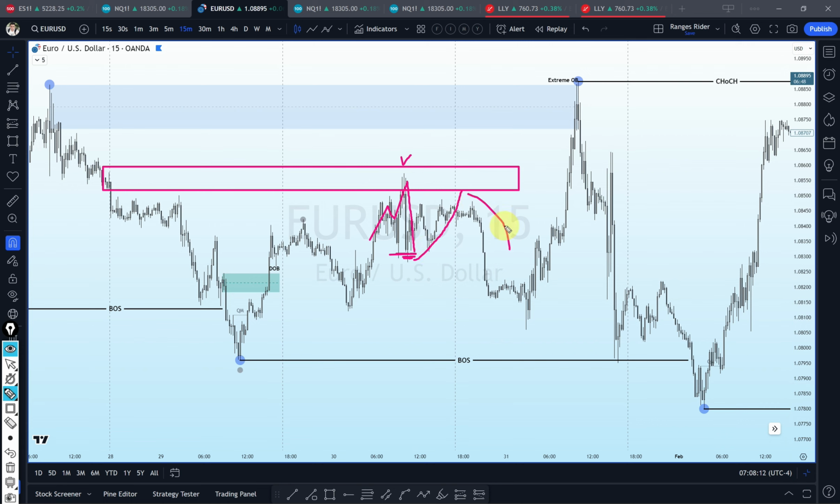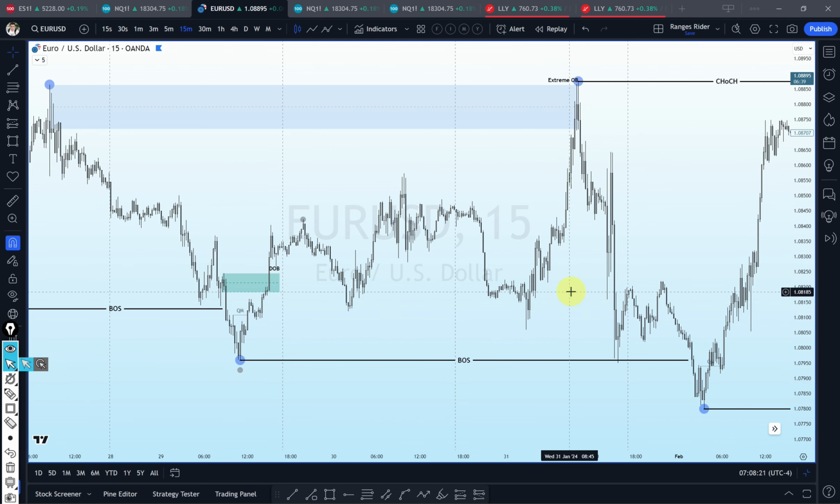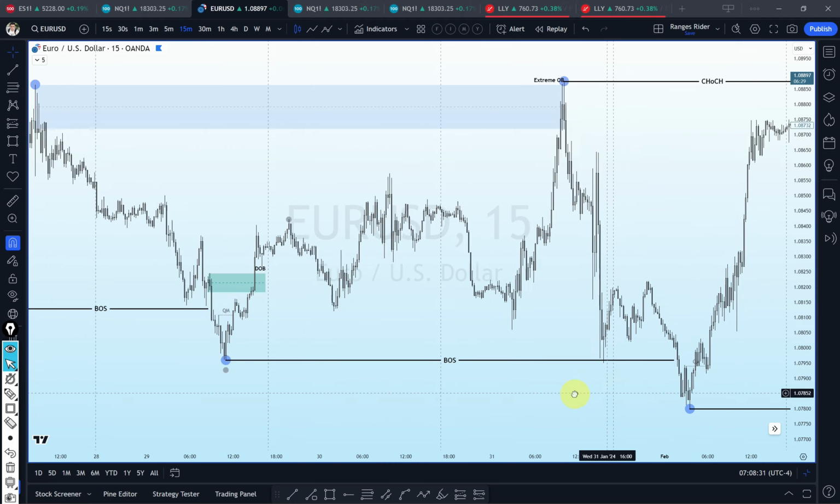And then it comes down to take this liquidity, and then we are looking for long again until the extreme order block. And once we reach the extreme order block, we are looking for short here. Why? Because we have a bearish range and we are looking for another breakup structure.